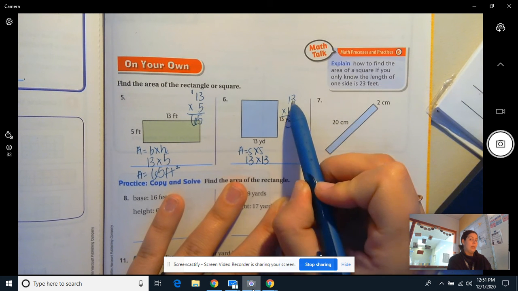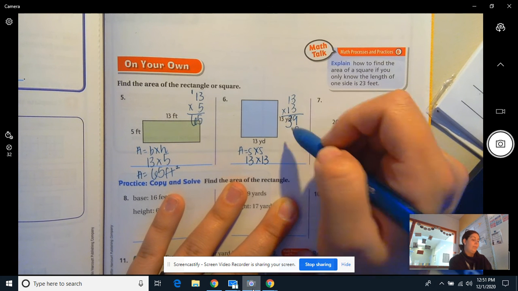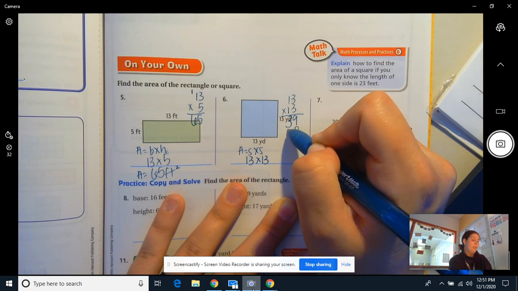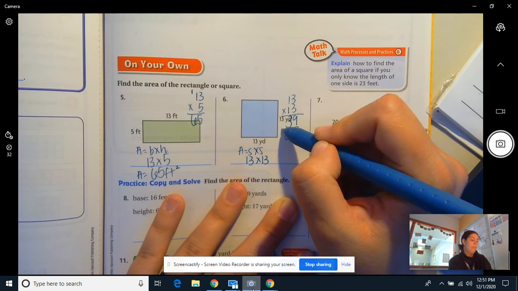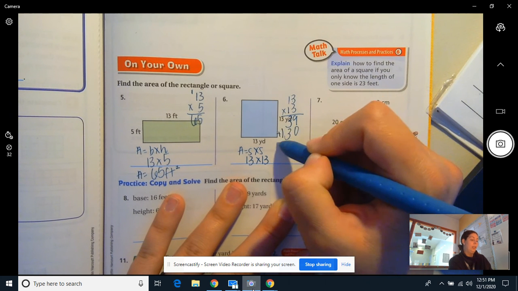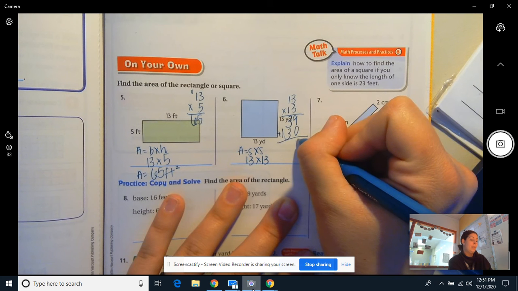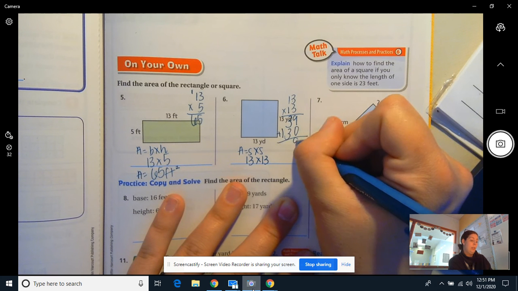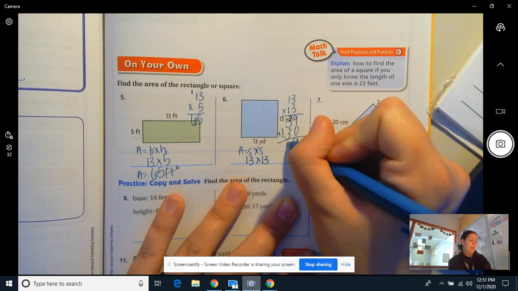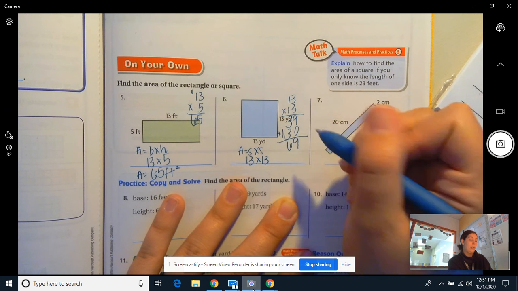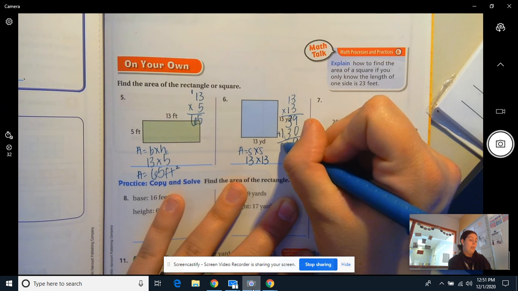Then multiply. 1 times 3. What's 1 times 3? 3. What's 1 times 1? 1. Add them together. 9 plus 0, 9. 3 plus 3, 6. 1 plus 0, 1.